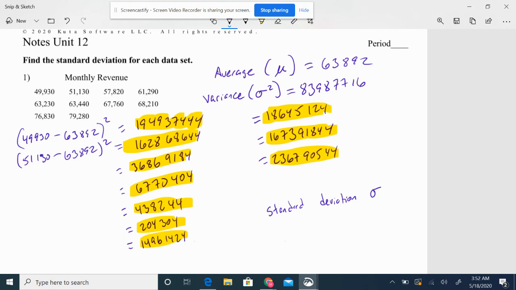I'm going to get the square root of the variance. I'm going to round it to 2 decimal places. So in this case, my standard deviation is 9,164.48.